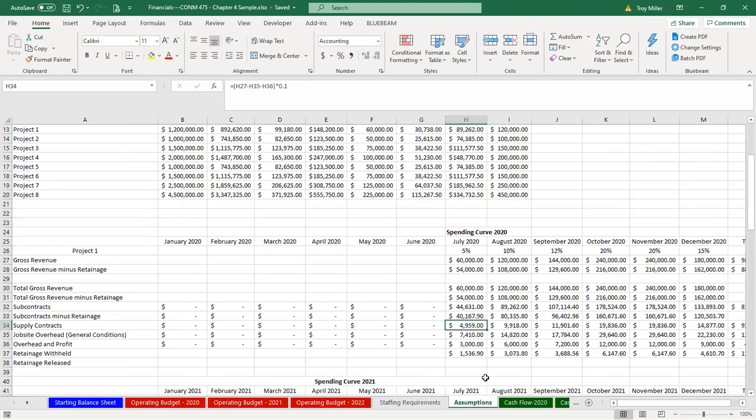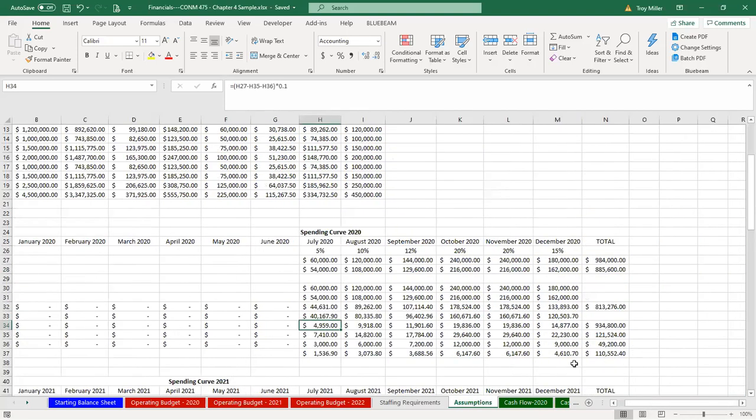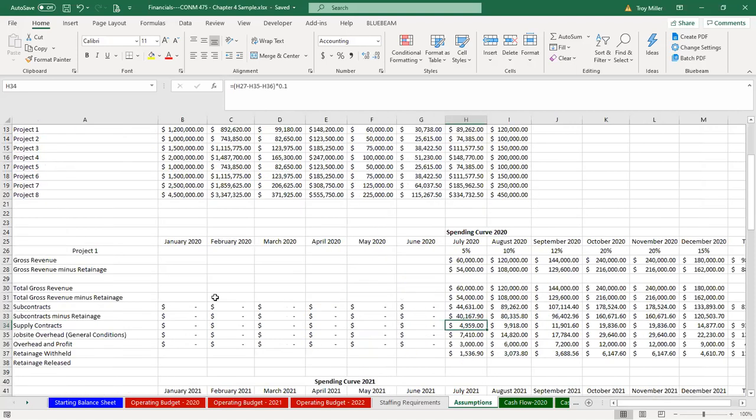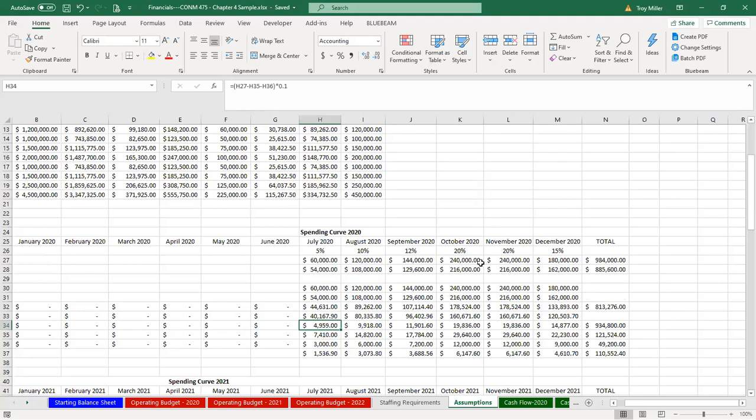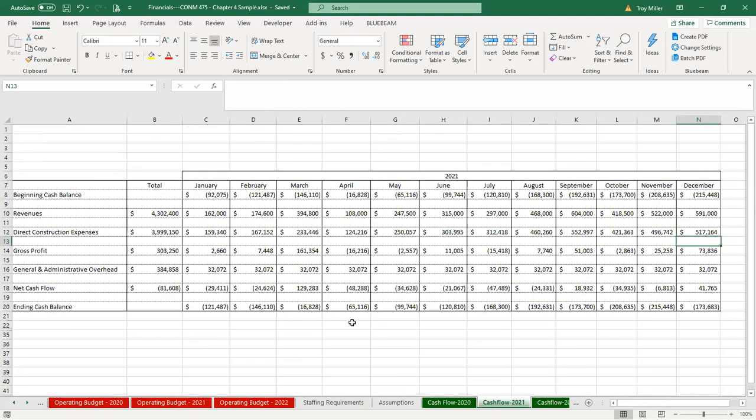So let me go back here to my assumptions. What I wanted to make sure is happening is that project number 1 goes, okay, that's why it's not there, because it does not end in that month or in that fiscal year. So let me jump over here to my cash flow of 2021.